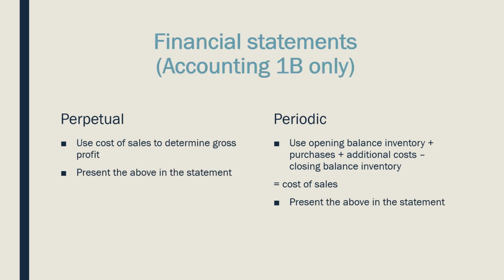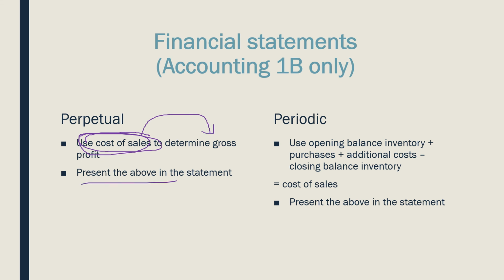And then very far ahead for you, next semester when we work with Accounting 1B and you draft financial statements for the business, we still have the two systems. In the perpetual system, because we've had cost of sales, it's still there running. We can use cost of sales to work out gross profit and present cost of sales in the statement.